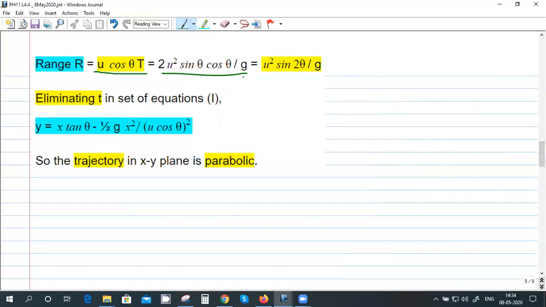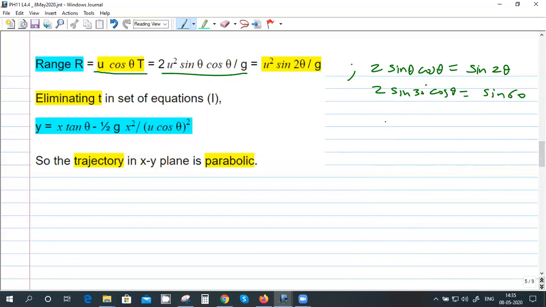There is one identity. If you don't know, just accept it; you can prove it later: 2 sin theta cos theta equals sin 2 theta. For example, 2 sin 30 cos 30 equals sin 60.